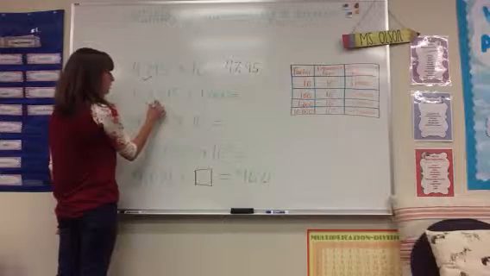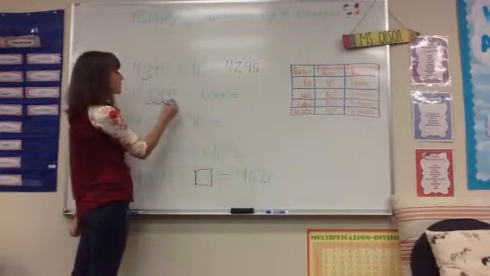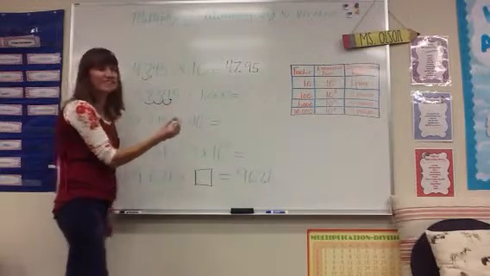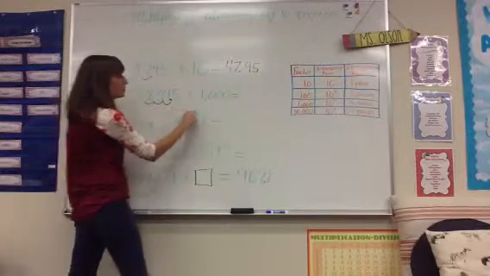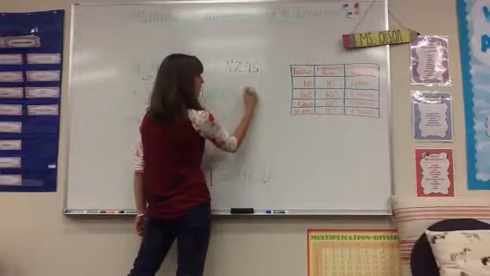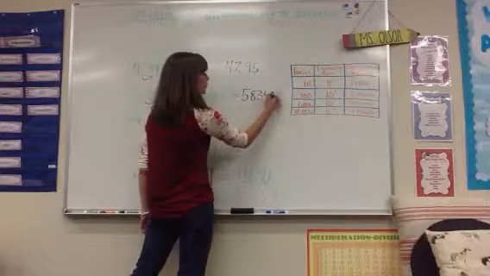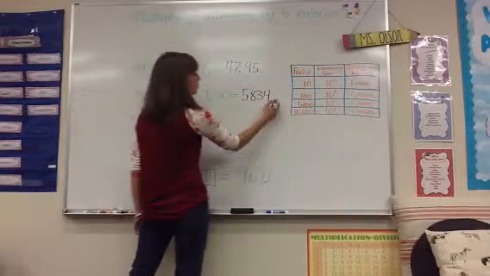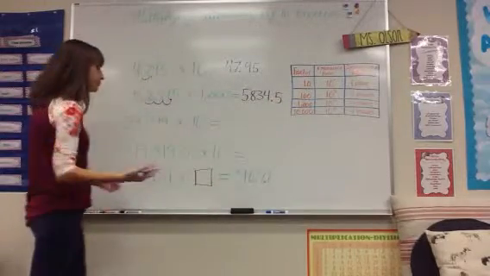So 1, 2, 3. Here's your decimal point's new home right here. Alright, so now you can write your answer. 5834.5. That's your new answer.